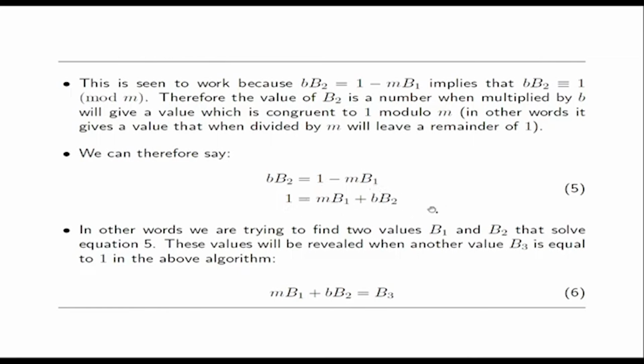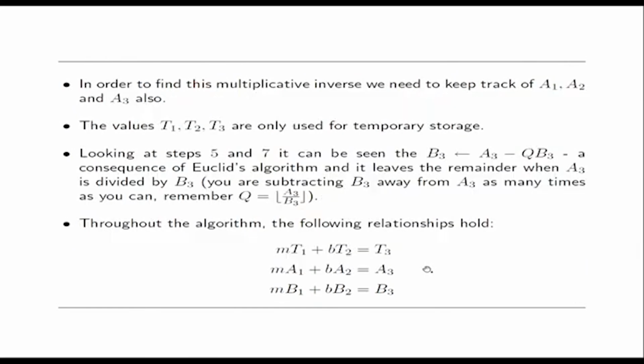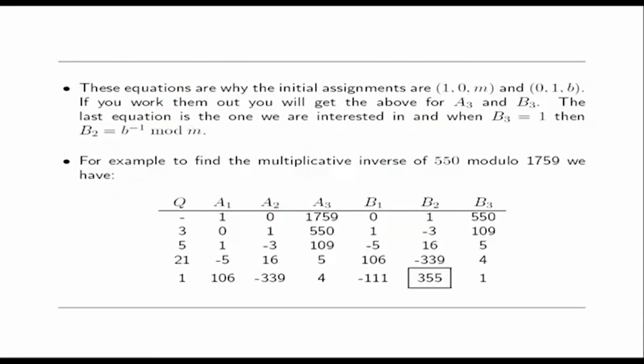In other words, we are trying to find the B1 and B2 that solve equation 5. The T1, T2, T3 are temporary variables, and this is the way we are replacing B1, B2, B3, and throughout the algorithm this relationship holds. Basically, we are trying to get x and y. Finally, if B3 is 1, that means the GCD is 1, so B2 will give us the inverse.